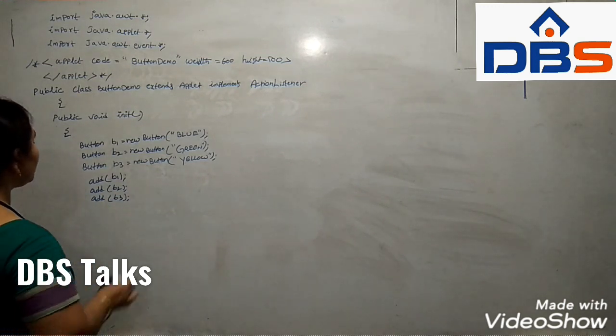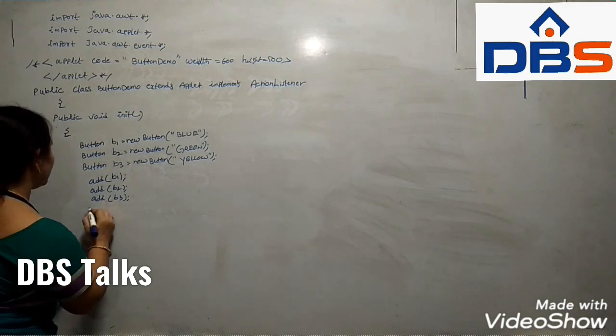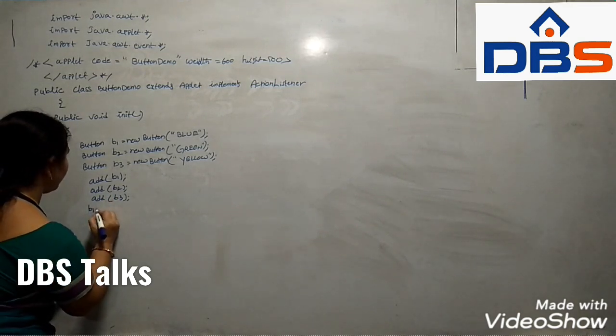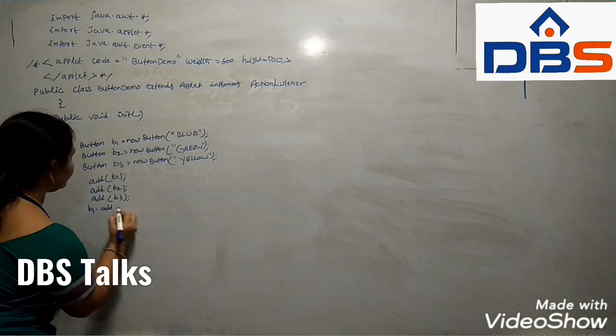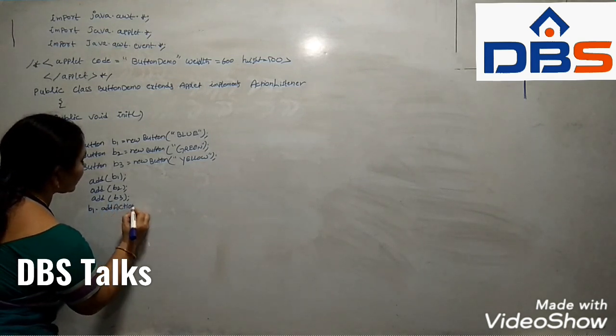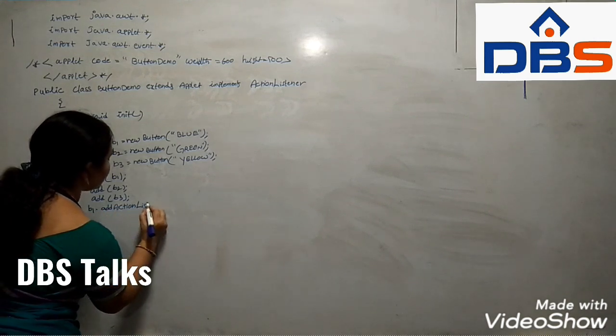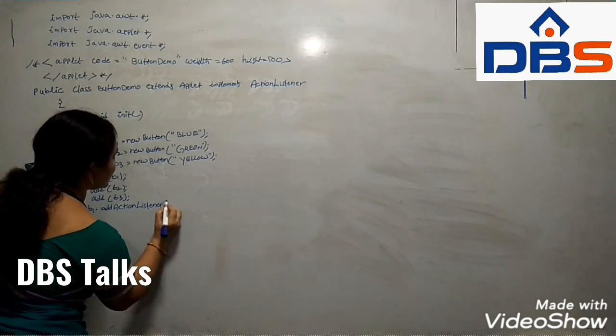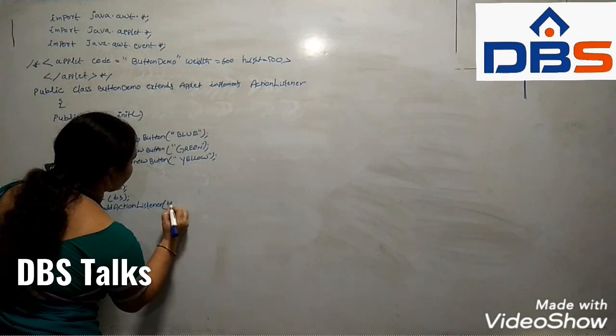Then what, ma'am? We can perform the action listener. So we write b1.addActionListener, this keyword.